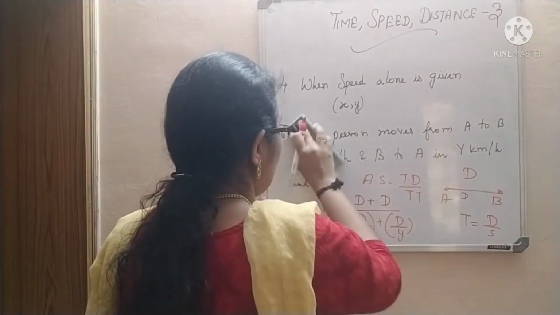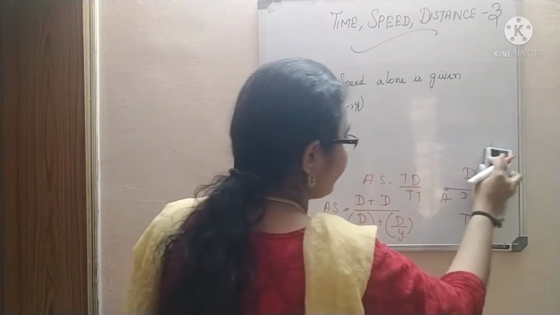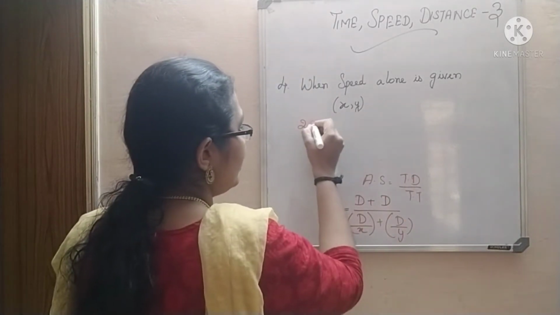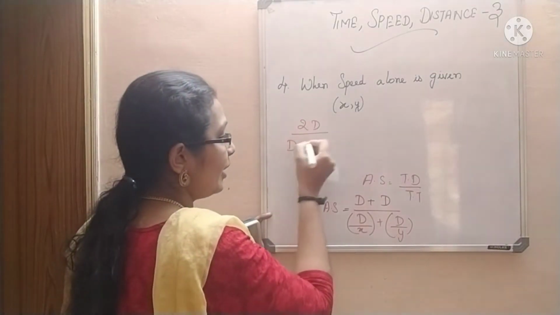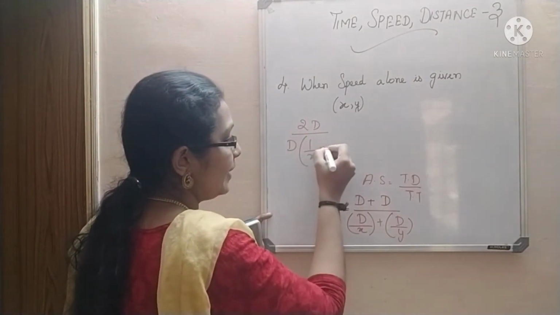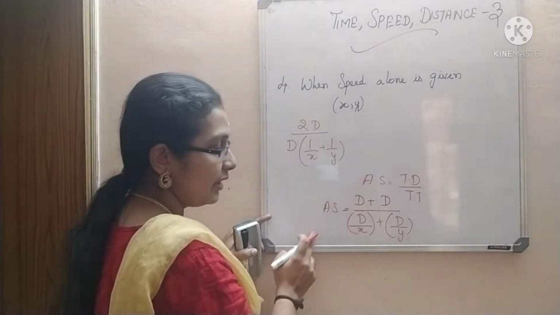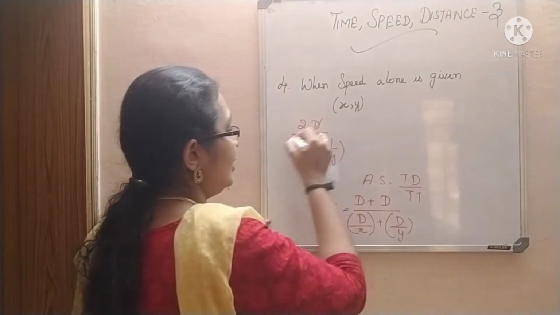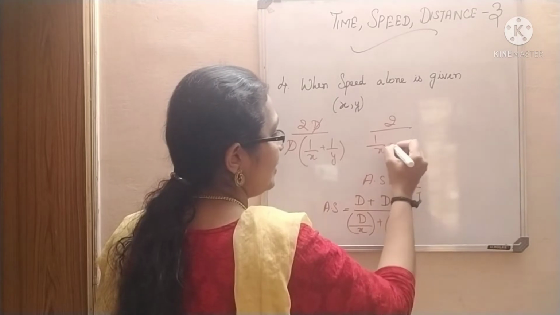So d plus d, 2d, divided by d times (1 by x plus 1 by y), since d can be taken as common. Clear how I have written this? d you can take as common, so the remaining is 1 by x plus 1 by y. So d and d get cancelled, and you get 2 divided by (1 by x plus 1 by y).